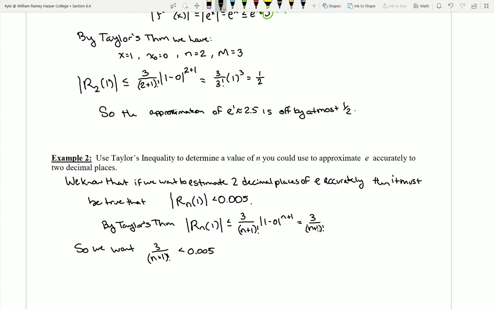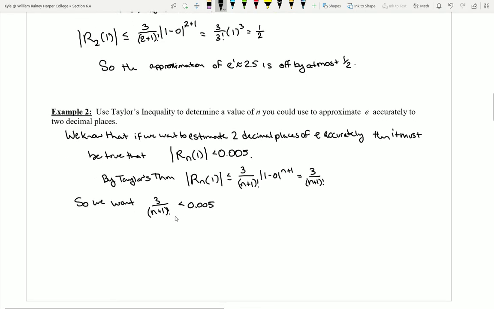Notice, if this is less than 0.005, then certainly my remainder is less than 0.005. And what I have here is a nice little inequality that I can attempt to solve. So let's see, if I was to solve this, this would be the same as 3 is less than 0.005 times n plus 1 factorial. If I divide both sides by the 0.005, I'm going to get a nice clean value of, I think, 600.